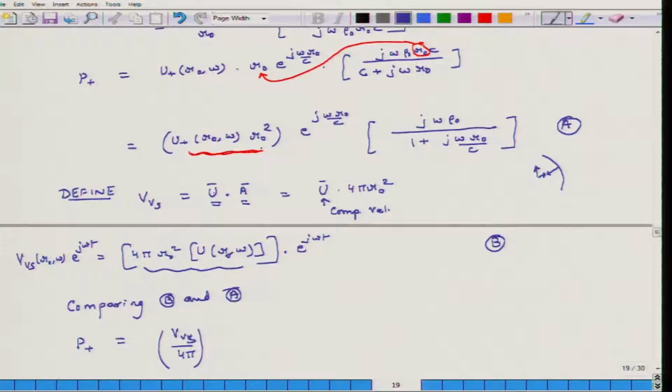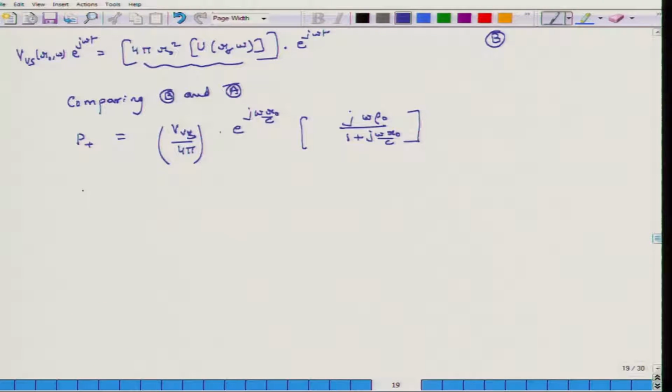So, this is complex velocity amplitude times e to the j omega r naught over c into j omega rho naught divided by 1 plus j omega r naught divided by c.